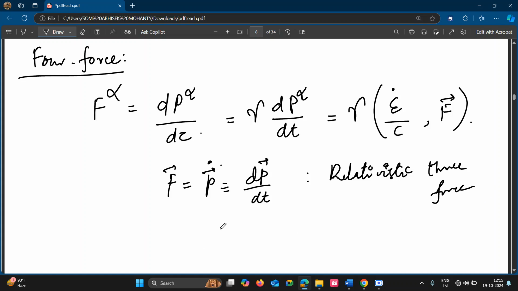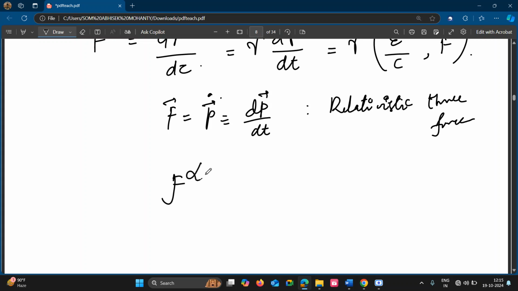So we can write F alpha is equal to m into a alpha.